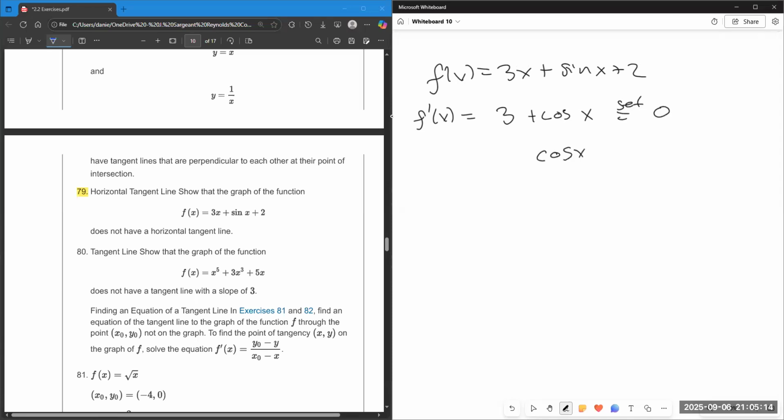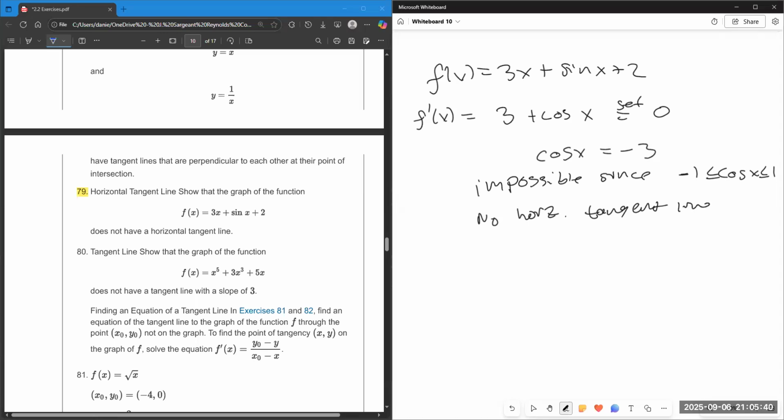Say cosine of x equals -3, but that's impossible, since cosine has to stay between -1 and 1 for its range. So it can never equal -3, so there's no horizontal tangent line for f of x. Okay.